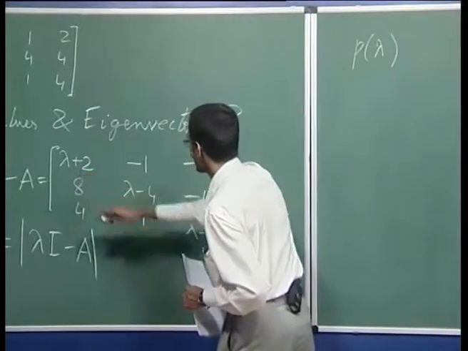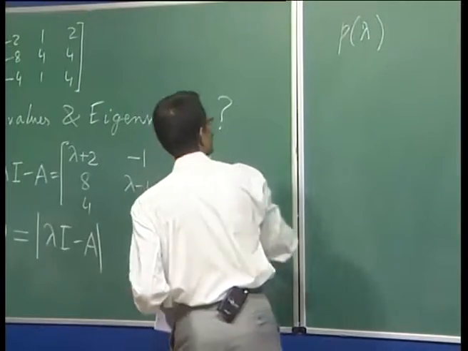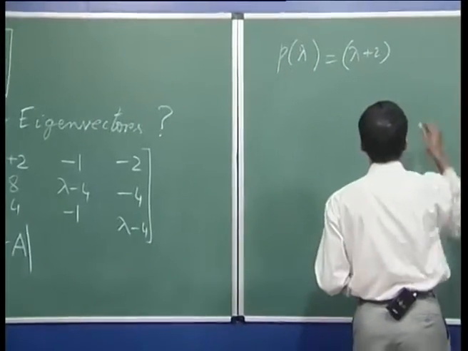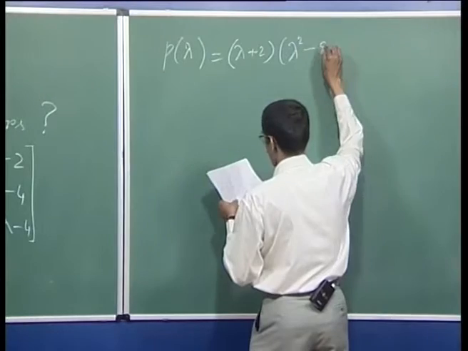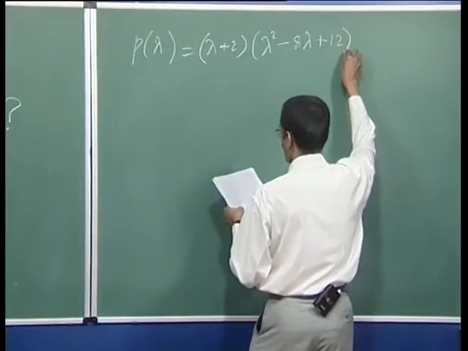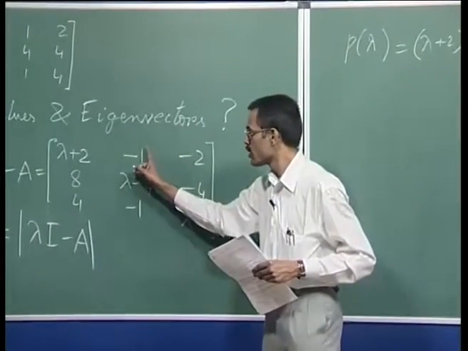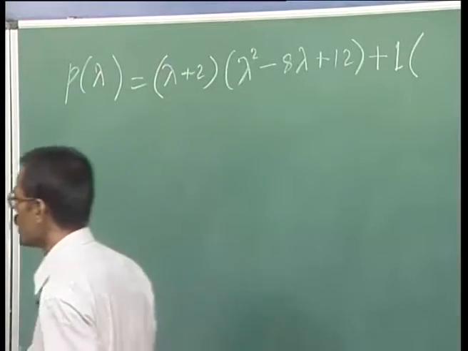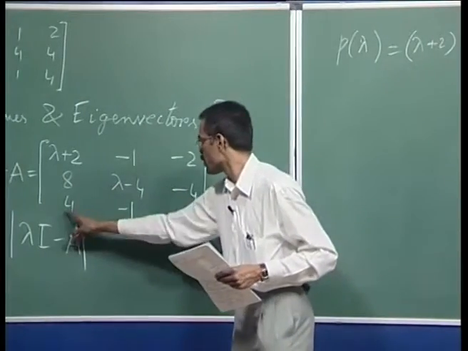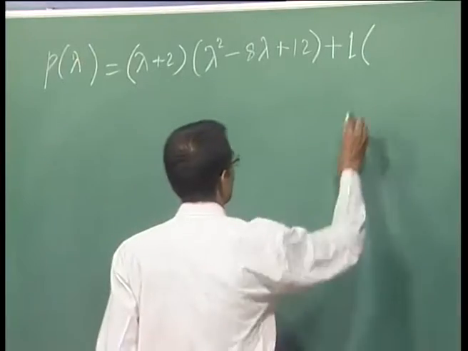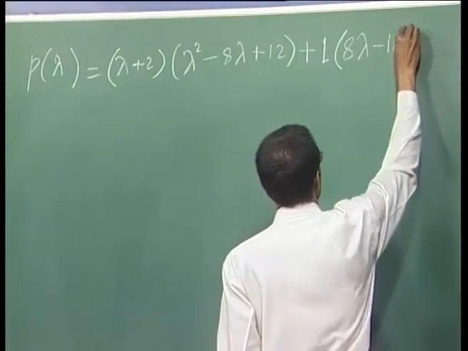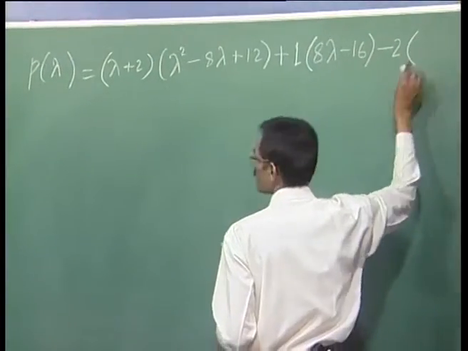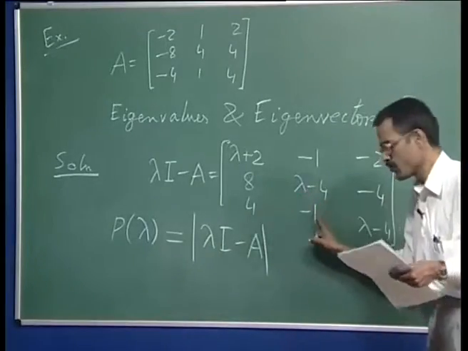That means, you will take lambda plus 2 into this minus this, right, lambda plus 2 into, from here you will get lambda square minus 8 lambda plus 12, then minus this minus 1, which will give you plus 1 into the determinant that you find from these 4 elements, right, that will give you 8 lambda minus 16 plus this minus 2 into the determinant that you get out of these, right.